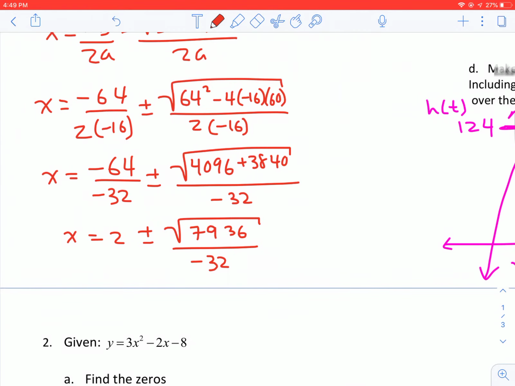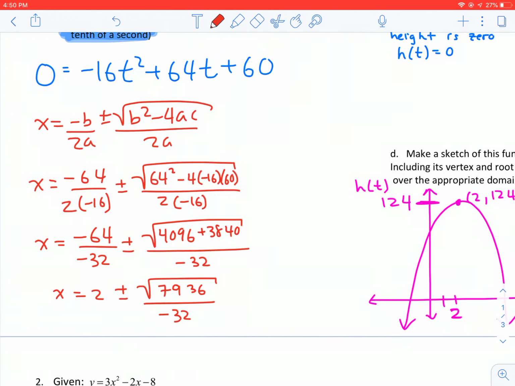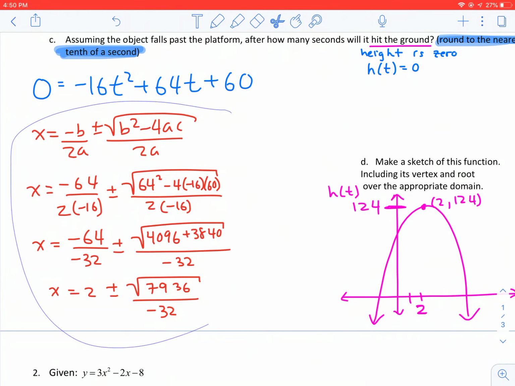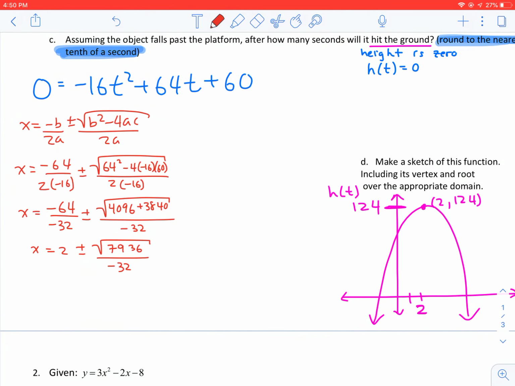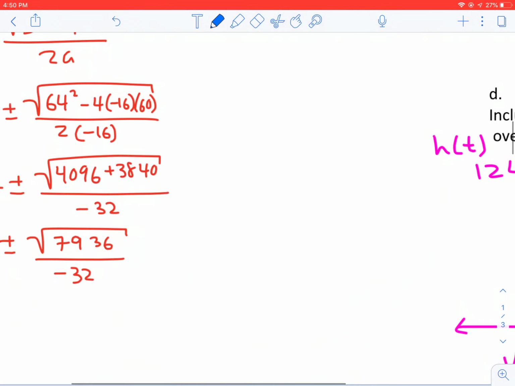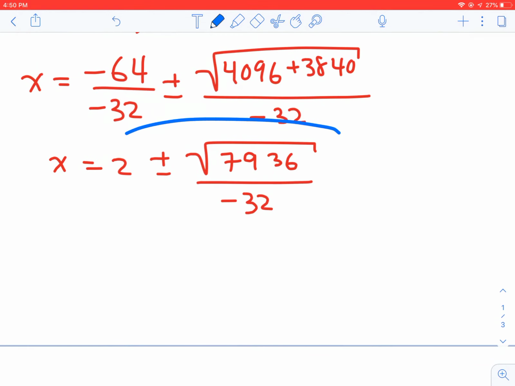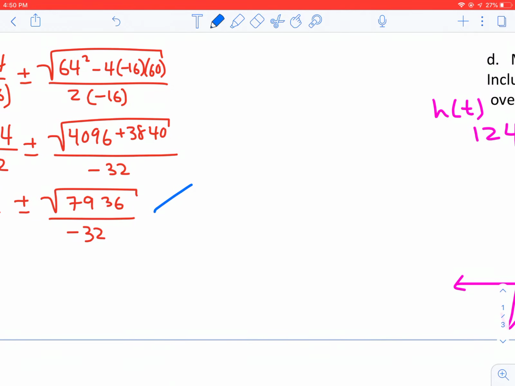All right, that's kind of crazy. I would not expect you to write this in simplest radical form. So all I'm going to do is take all this and type that into the calculator. And again, that's two solutions.